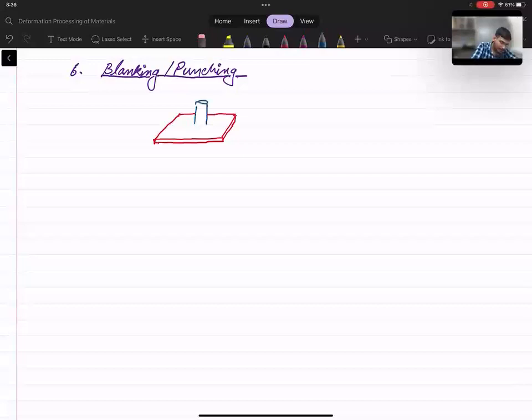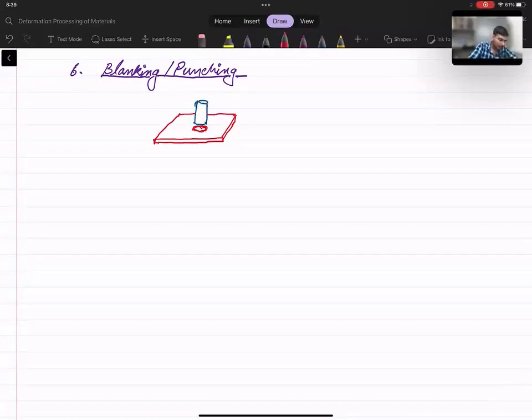Let me draw this a little smaller. So this section of the blank will be cut with this punch. So it is like this. So this will be cut out.